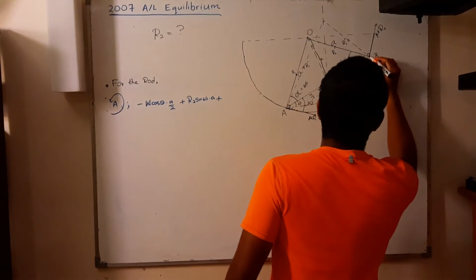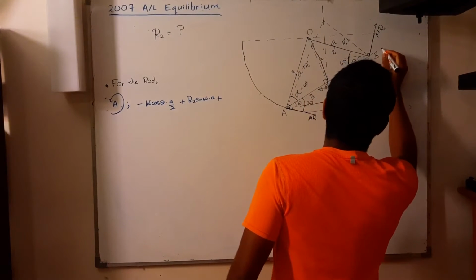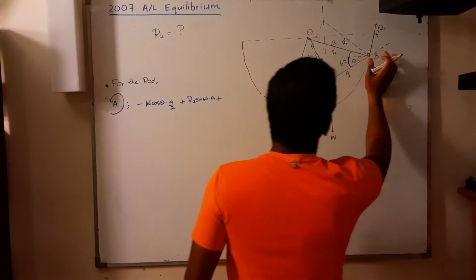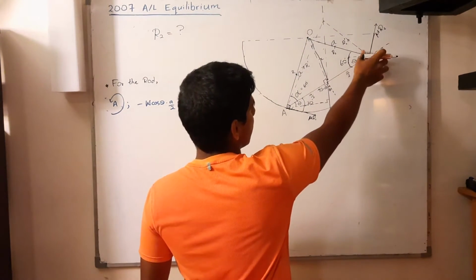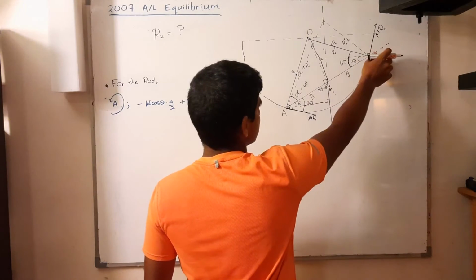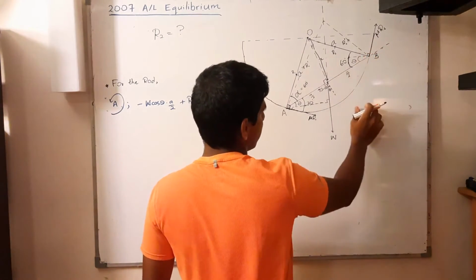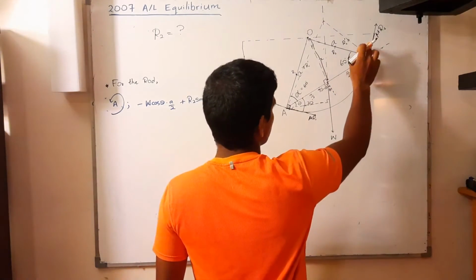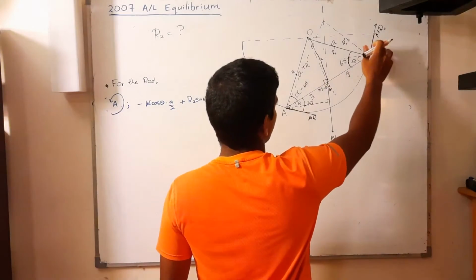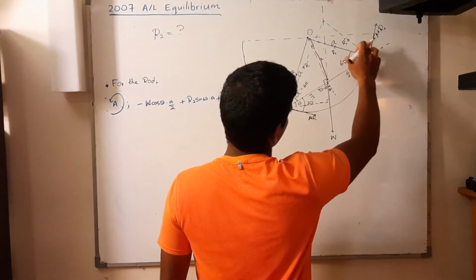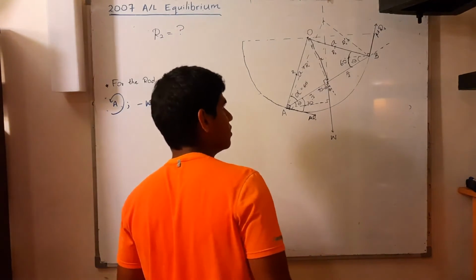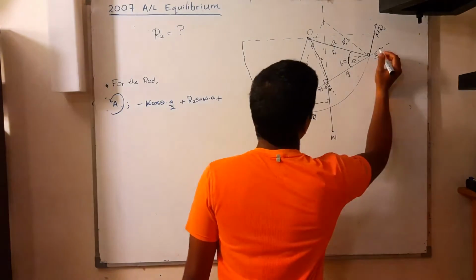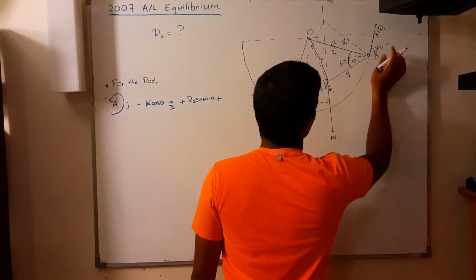If you produce the rod like this and look at the straight line, we know the sum of angles on a straight line is 180 degrees. We know this angle and this angle, so through that we can find this one. 60 degrees plus 90 degrees plus this angle should be equal to 180 degrees. 60 plus 90 is 150 degrees, so this angle is 30 degrees.